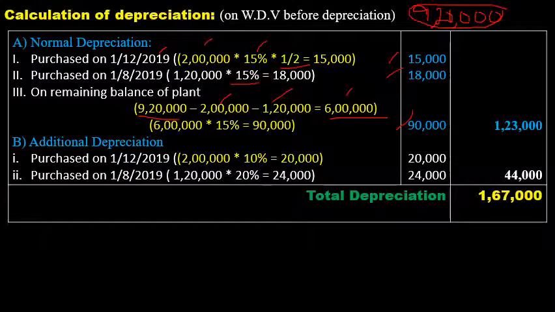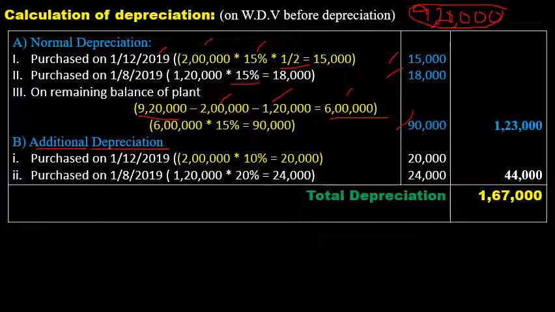Next, additional depreciation. The additional depreciation is applicable only for new plant and machinery purchased in the previous year. Additional depreciation is applicable for plant and machinery, and in that, whenever there is a new purchase in the previous year, then you have to apply the additional depreciation, otherwise no additional depreciation.